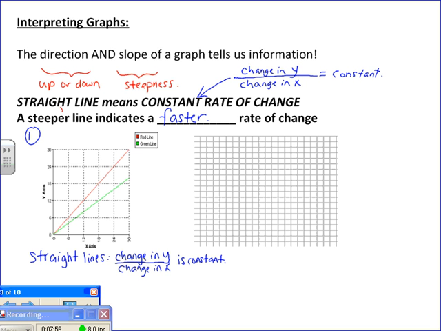When I see this graph, I see that the red line is steeper than my green line. Imagine that I was walking up a hill on that red line, and I started at the bottom and I was walking up that hill. I can see that the red line would be a lot steeper hill to walk up as compared to the green line. So this is a steeper slope.